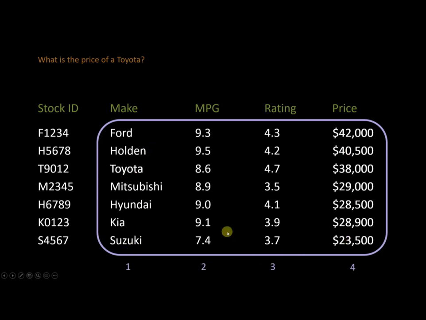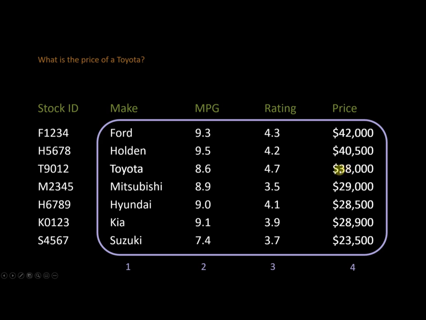So 4 columns in here. So when I told you before, when we're looking for Toyota on this sheet, you physically would look for Toyota, you would look across and go, oh, 38. But in a computer program's sense, we have to tell the program which column we are expecting to look into to get the value back, right?